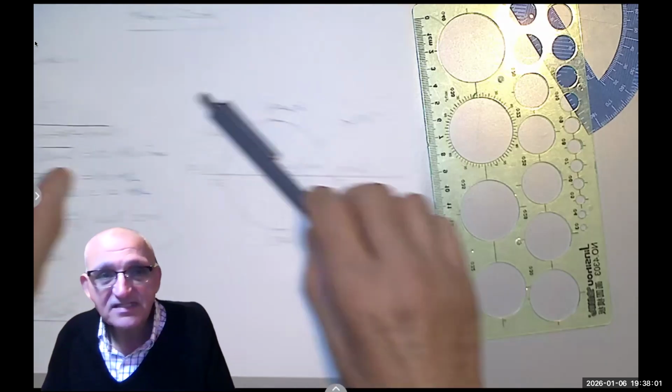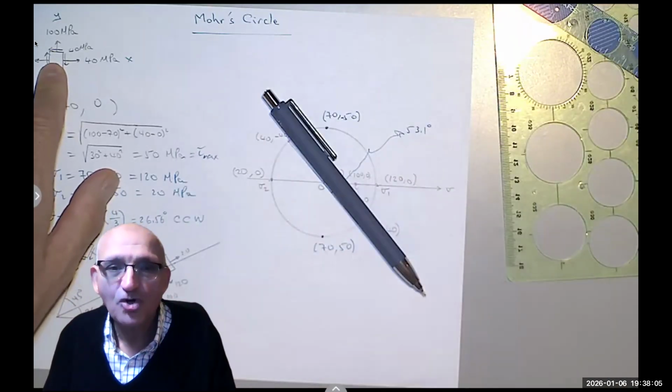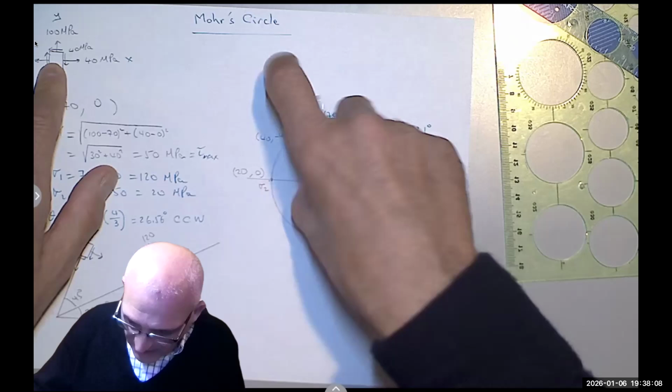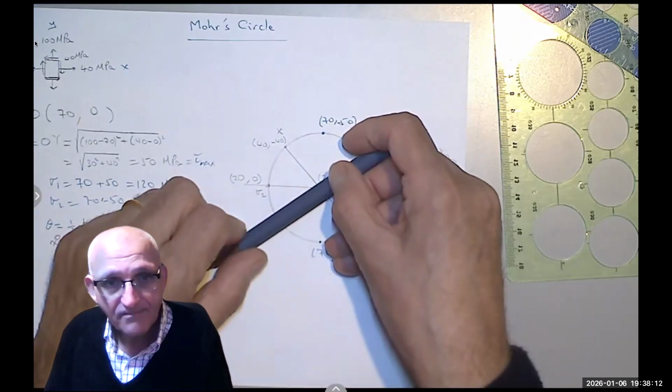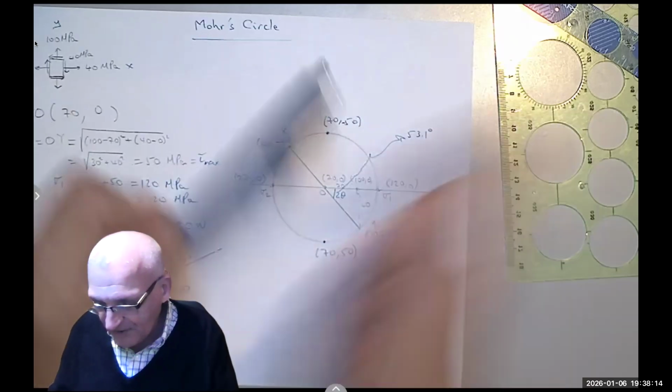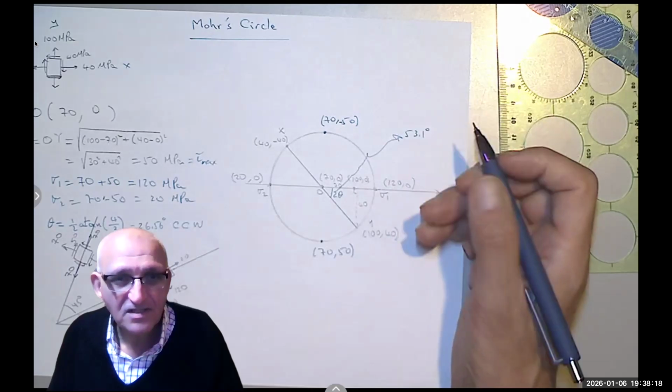What would be the stresses if I rotate, say, for example, 60 degrees clockwise, meaning 120 on this circle? If you have the angles, you can easily find the coordinates and find the stresses. You see what I'm saying?